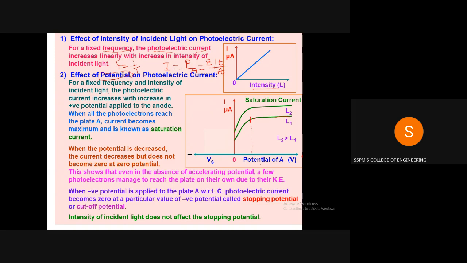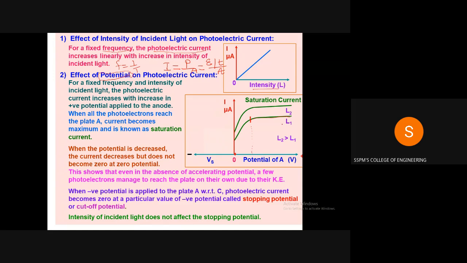Okay, so that is potential of A. Then it is very clear that though our potential applied is zero, then also some current is observed.